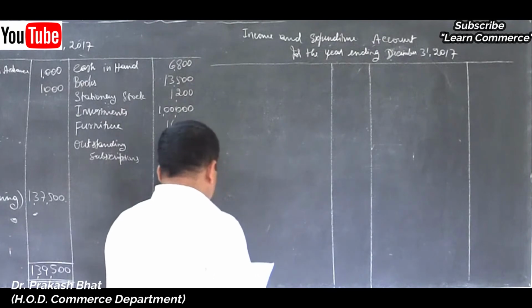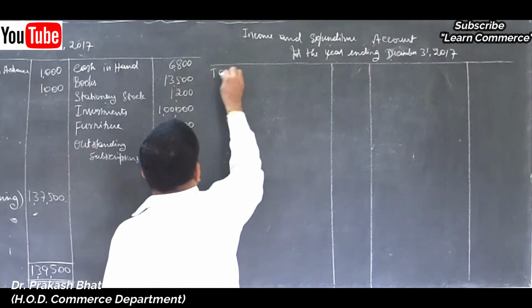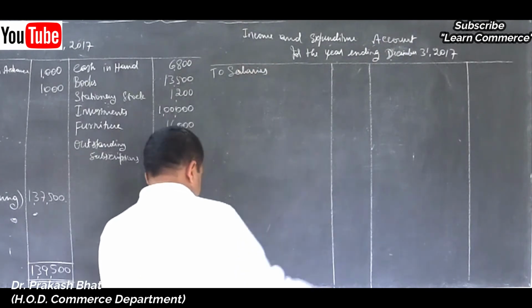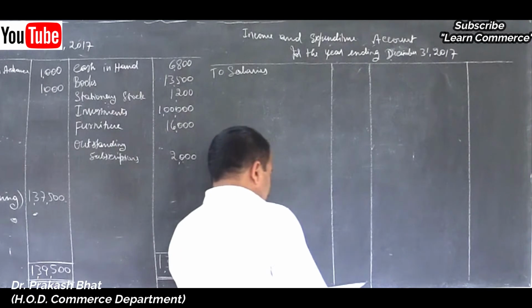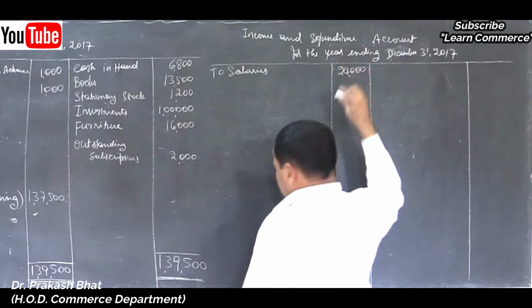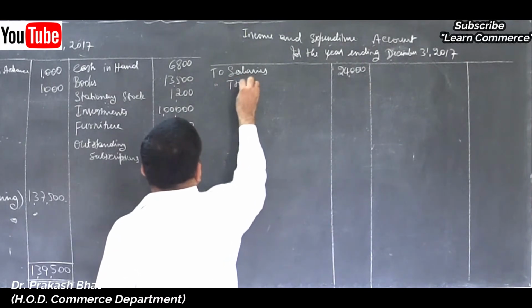Yes, I will take up the expenditure side first. To salaries. Salaries, no adjustment, straight away 24,000 in the outer column. Then traveling expenses, no change, as it is.